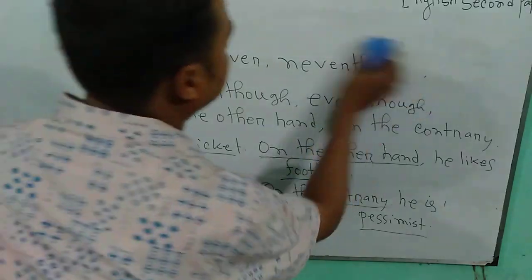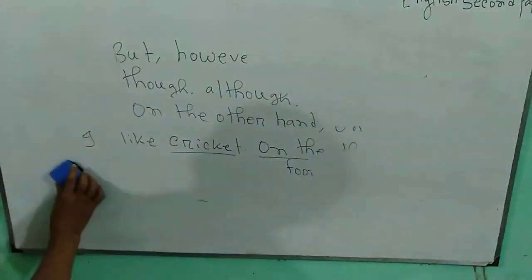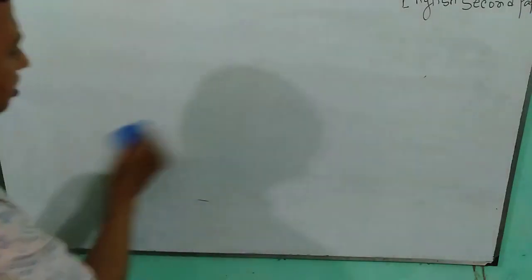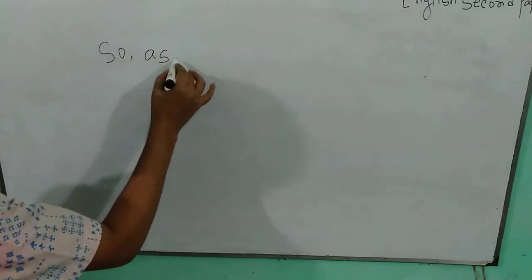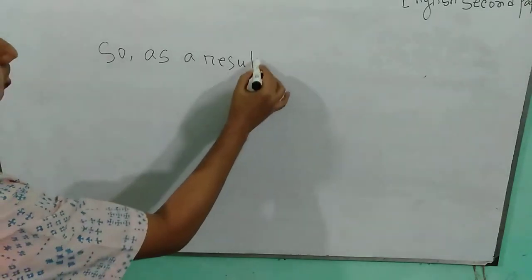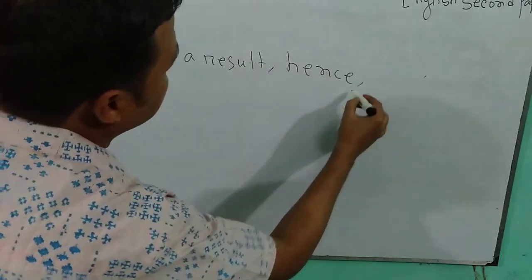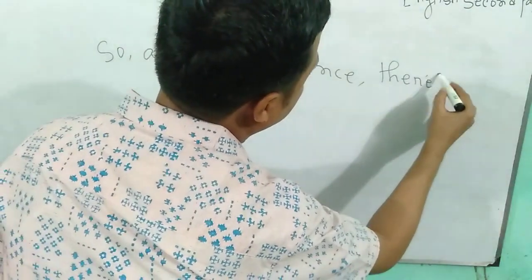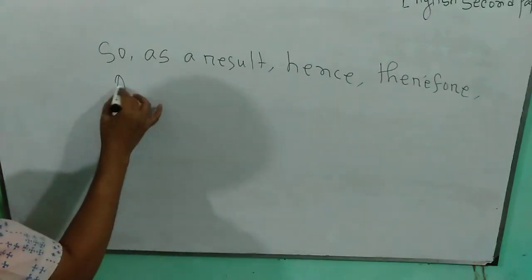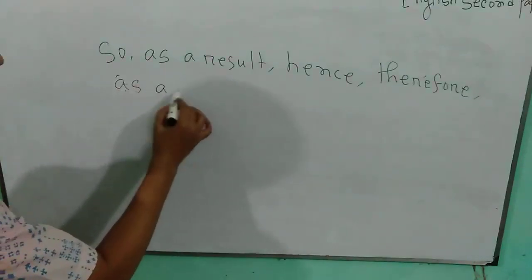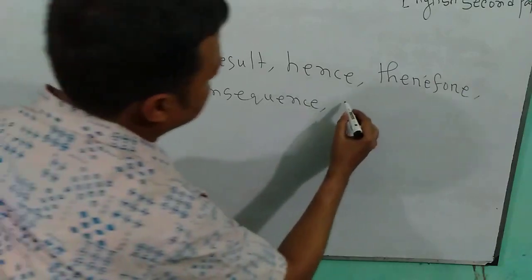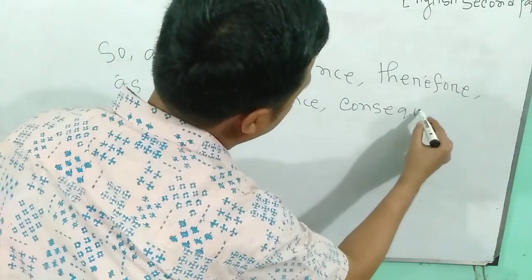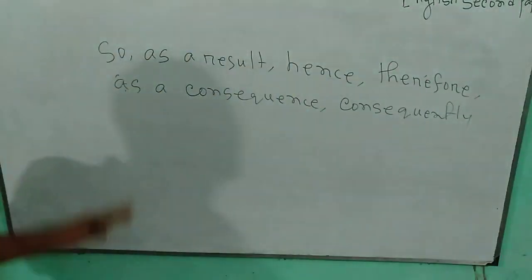Linking words used in the second sentence which show result are so, as a result, hence, therefore, as a consequence, consequently, and the like.